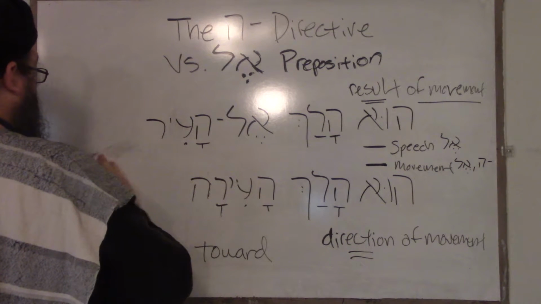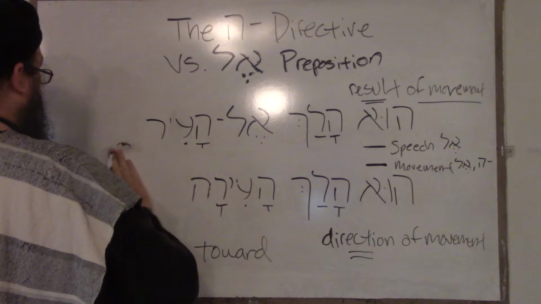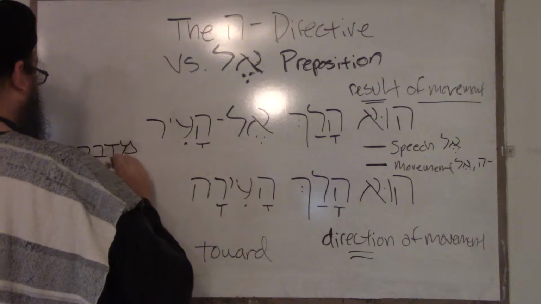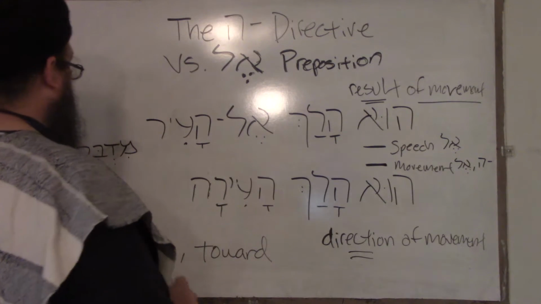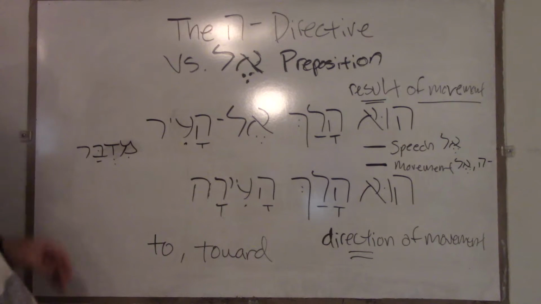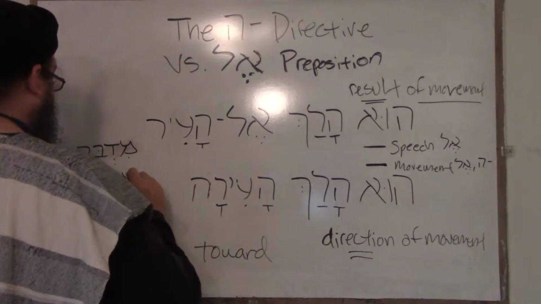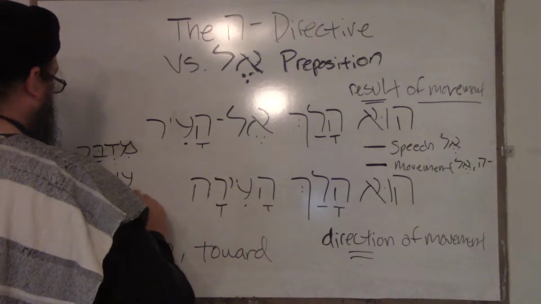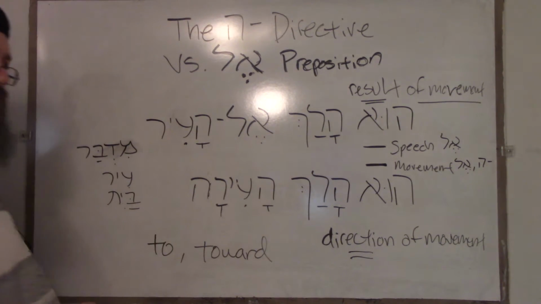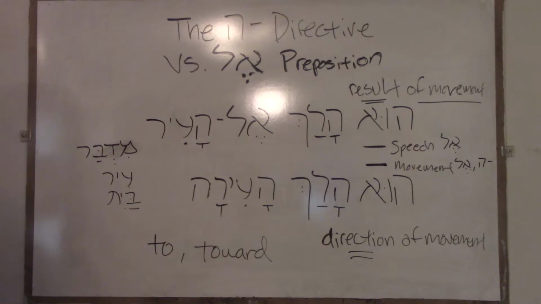For example, we have the words for land masses, such as midbar, the wilderness. He'd say hamidbara. Land structures, a city or a house: ir, ha'ira, bayit, habayta.